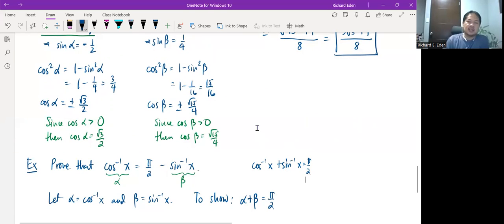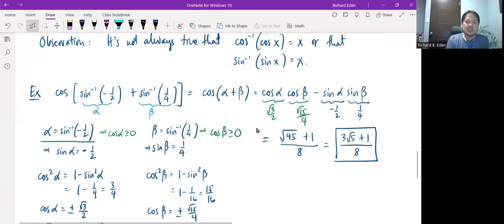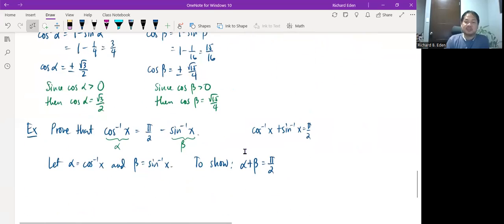Earlier, it wasn't figuring out the value of alpha plus beta, but finding the cosine of alpha plus beta. This time, it's alpha plus beta that we have to prove is equal to pi over 2. One of the things we can do here is, well, we want to show that alpha plus beta is pi over 2.